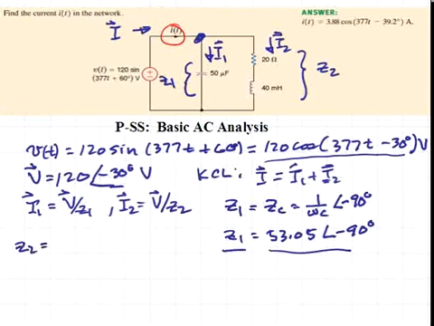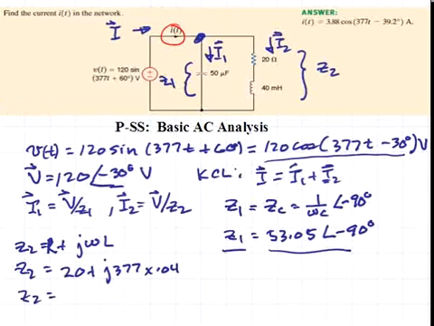Z2 is equal to the combination of the resistance plus J omega L, the inductor. Z2 is equal to 20 plus J 377 times 0.04 Henry.